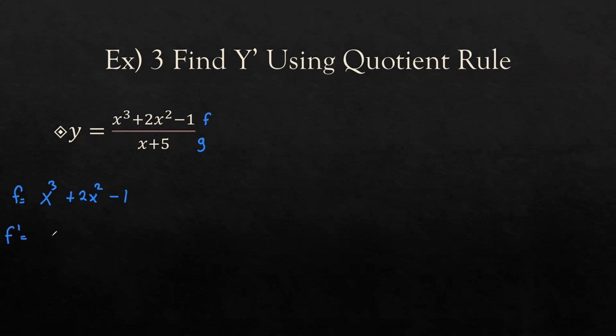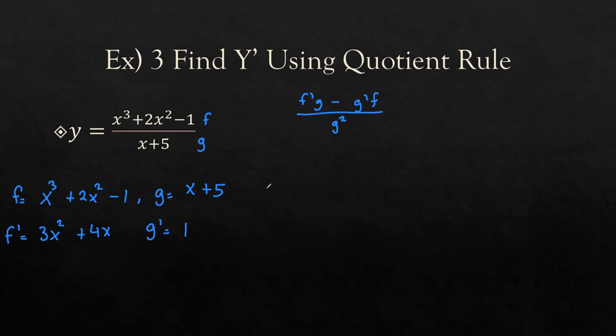My f prime is 3x squared plus 4x, and then the derivative of -1 is 0. And then g is x plus 5. g prime is 1. So quotient rule: f prime of g minus g prime of f all over g squared.